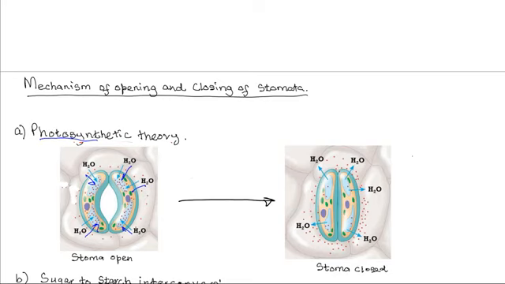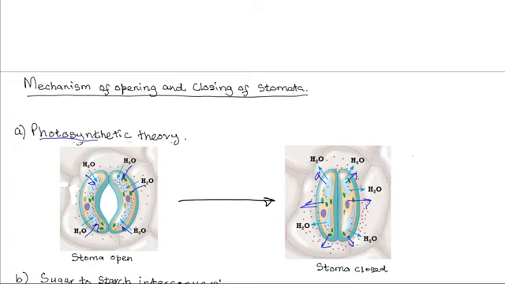Consequently, these guard cells, because of their low osmotic pressure, lose water by osmosis to the surrounding epidermal cells. They become flaccid and draw towards one another, leading to the closure of the stomata.